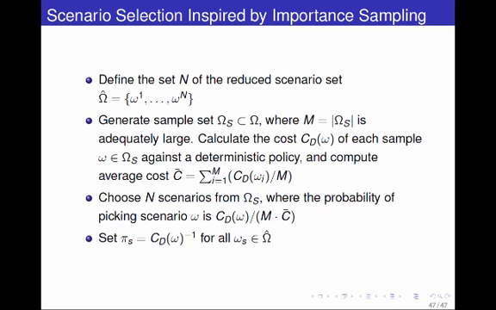You take these thousands of wind scenarios, and you assign to them a new probability, which is the cost of that outcome, an approximate cost given the deterministic policy, divided by the average cost. And then once you've selected a certain scenario, you unbias it according to the importance sampling idea.